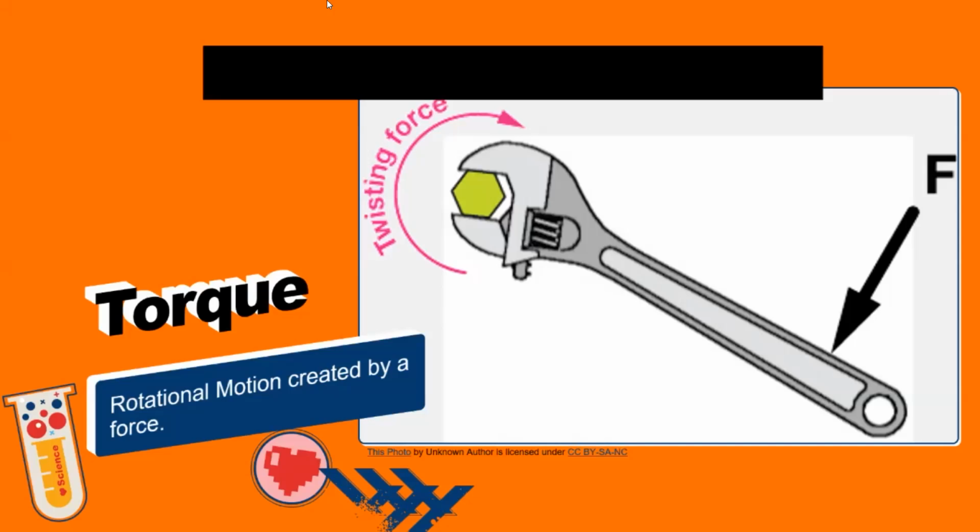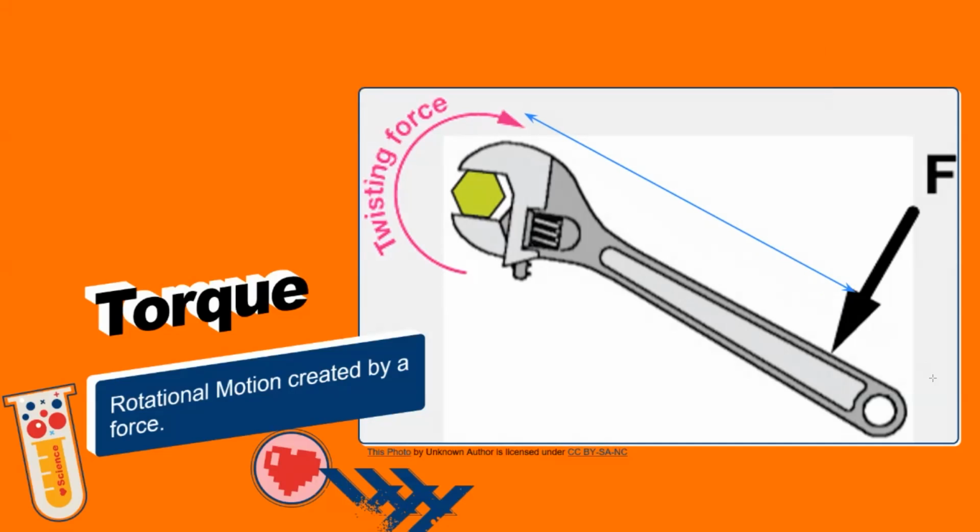For example, in here, the lever arm is going to be this distance, okay? From the point that you want to rotate and to the point where you are applying the rotational force. That is going to be the lever arm.